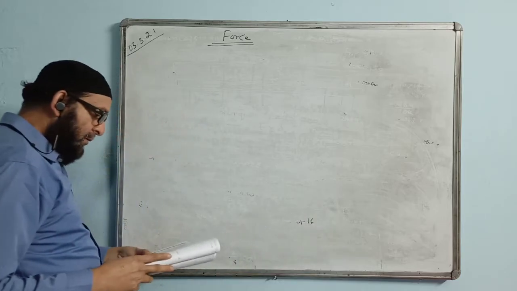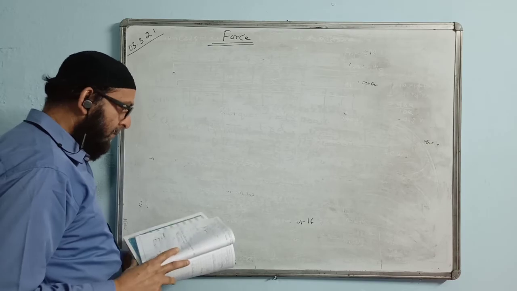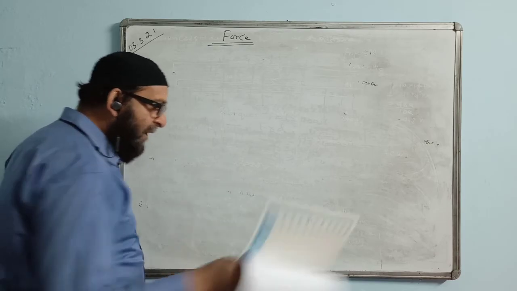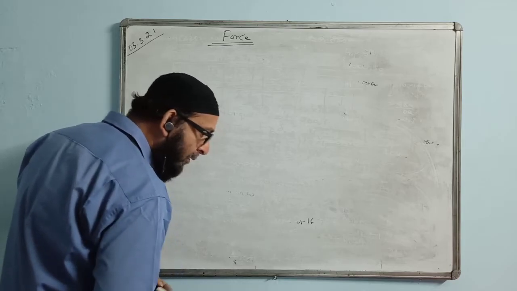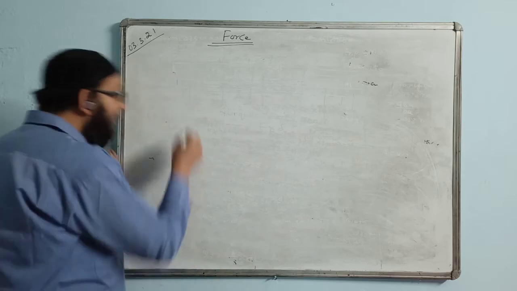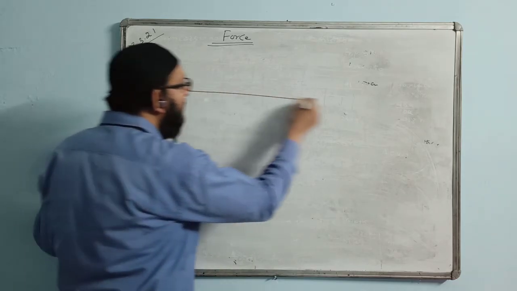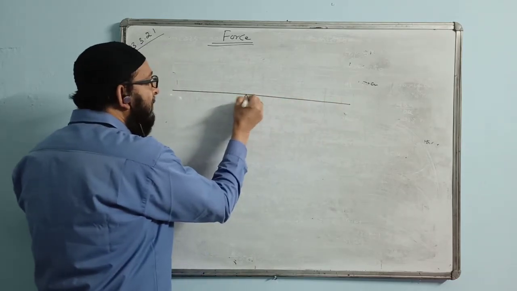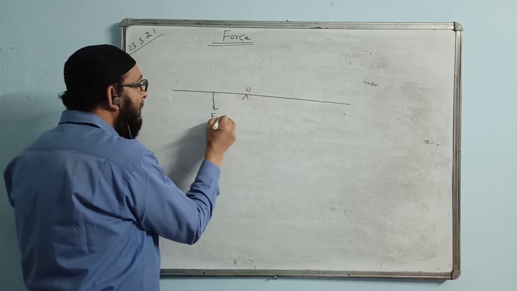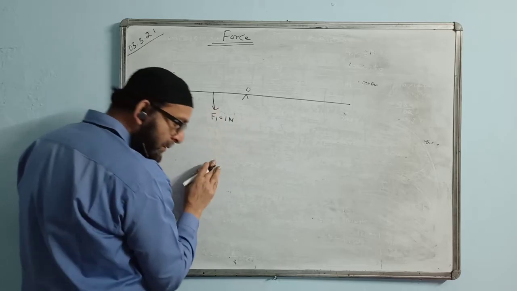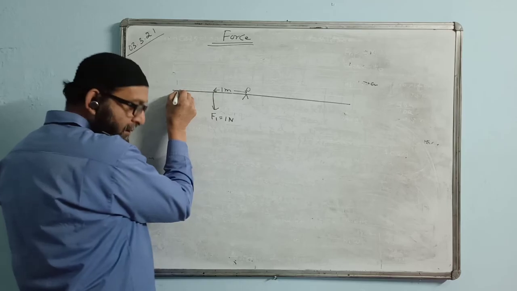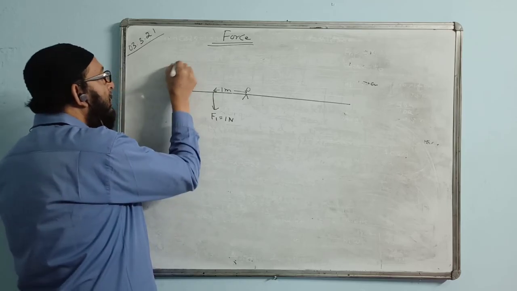It was like this. Question says find the resultant moment of all the forces about the point O as shown in the diagram. So there is a diagram given. This is given O. One force F1 is given, 1 Newton, and this distance is given 1 meter. F2 is given here.